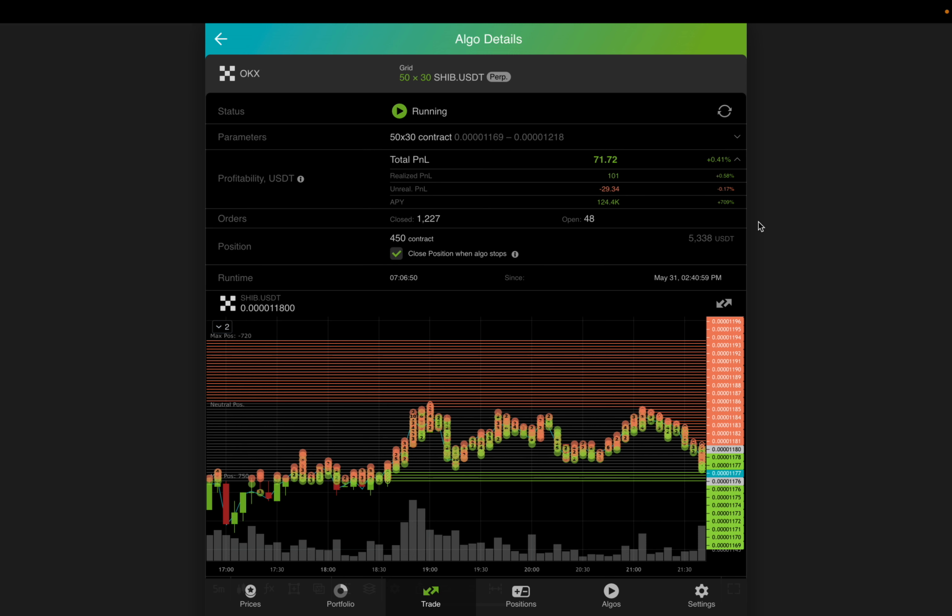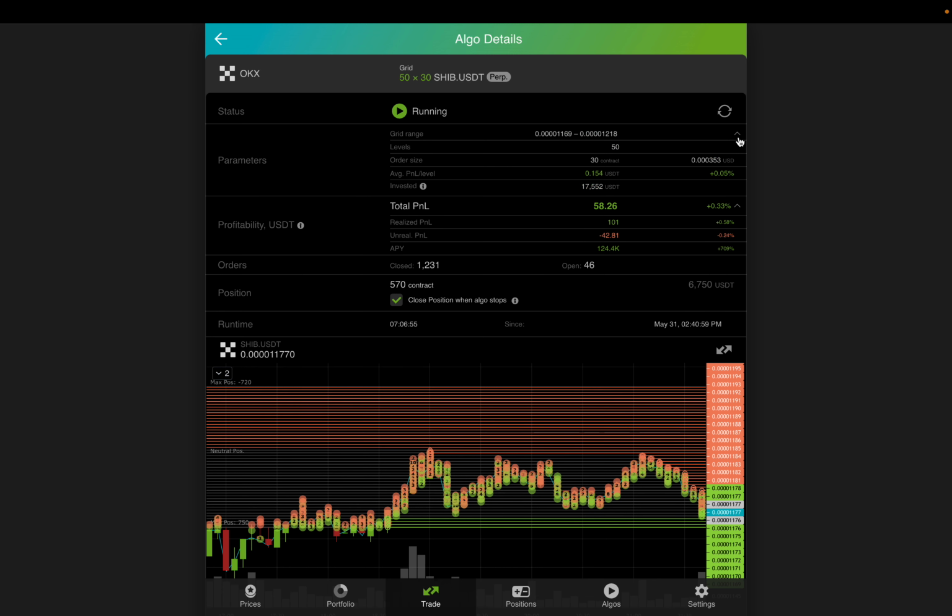Why is that? The reason is that for the other grid, USD on FTX, I had a P&L per level where the distance between levels was around half a percent. So this is 10 times less than that, right?